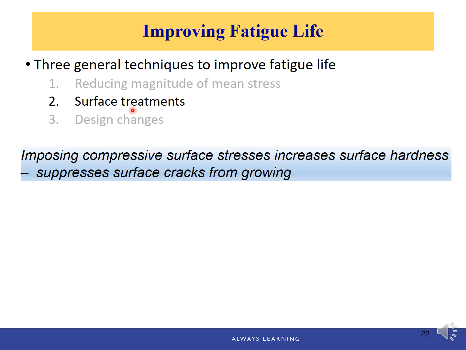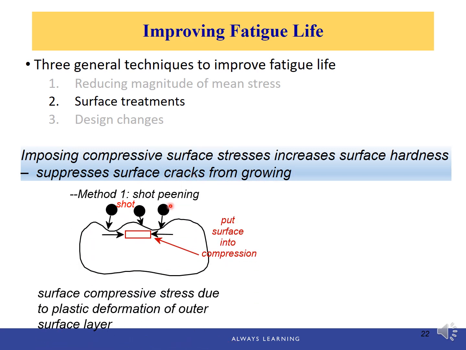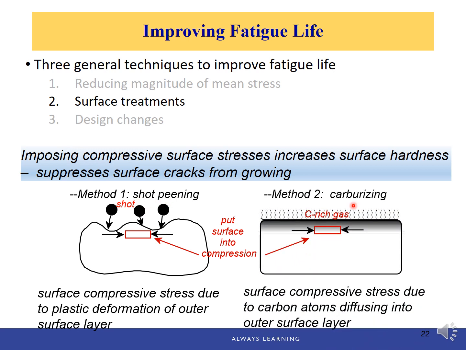For surface treatments, the idea is imposing compressive surface stresses and increasing surface hardness, which in turn suppresses surface cracks from growing. The surface treatments include shot peening and case hardening, which can be done through carburizing.